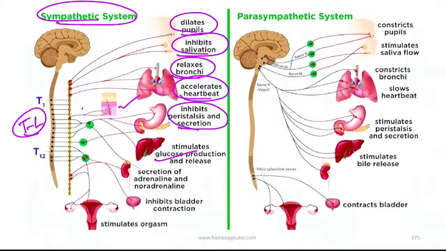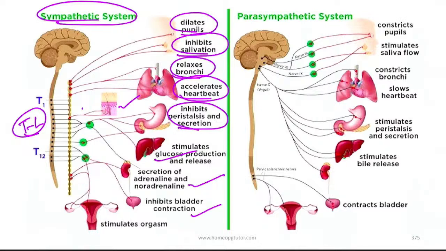We need more adrenaline and noradrenaline to fight, so from the adrenal glands they will be secreted in larger amounts. Contraction of the bladder will be inhibited. We do not have time to pee, so bladder contraction will also be inhibited.